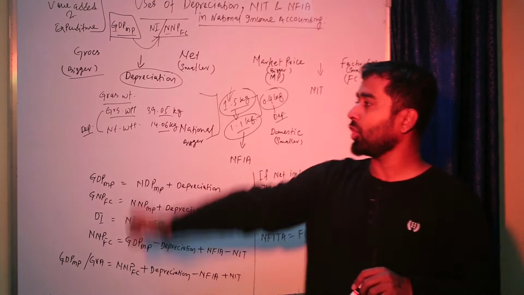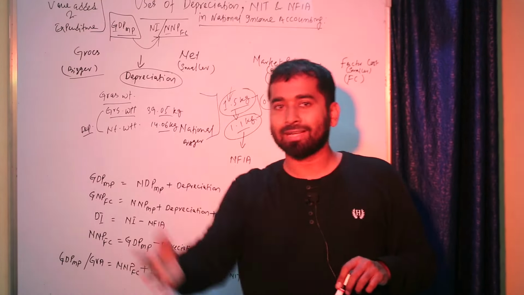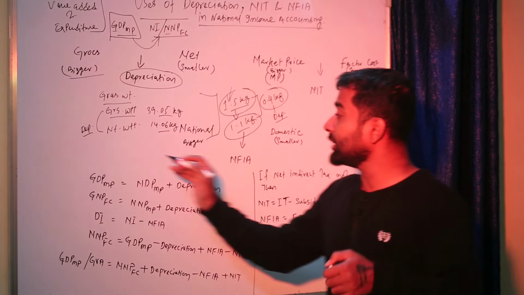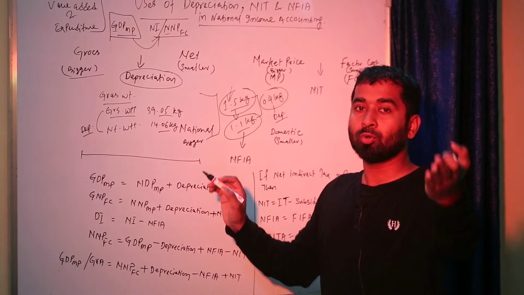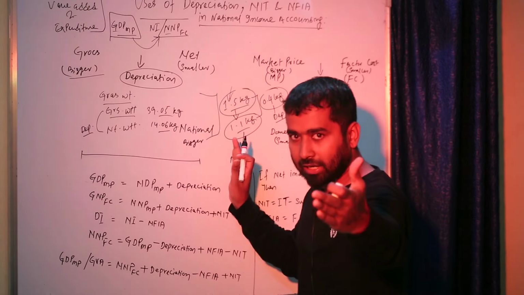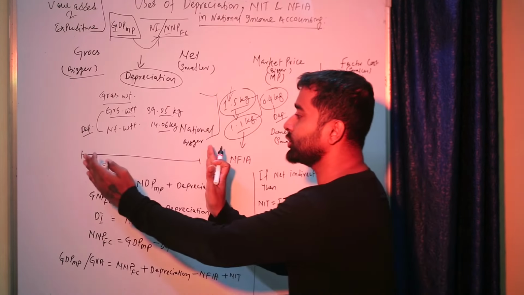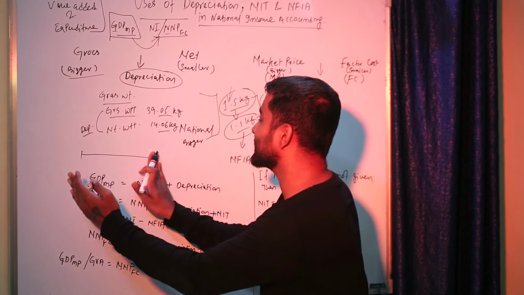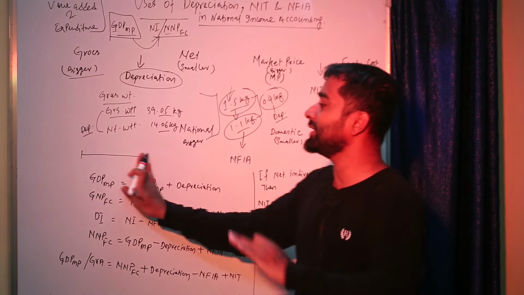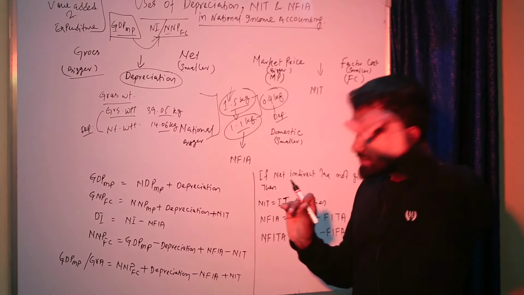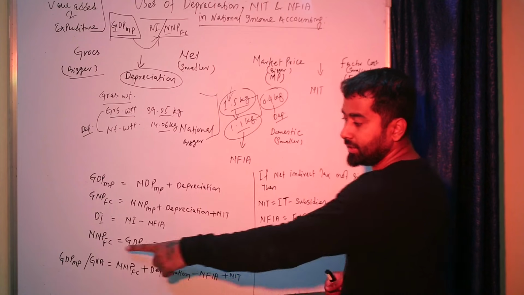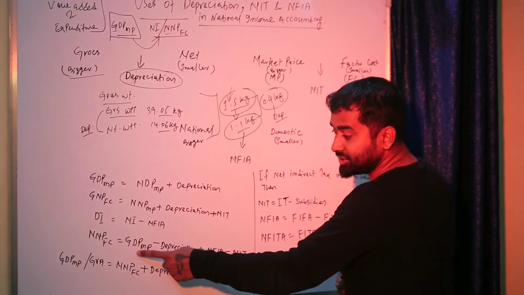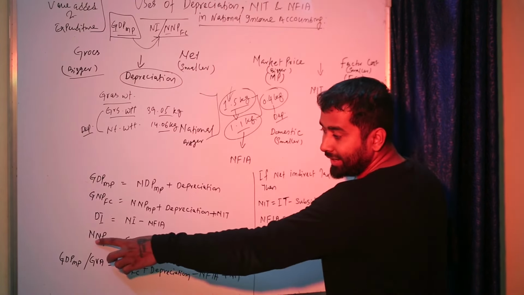So if I am converting from gross into net, that means from bigger to smaller. Say this one is the gross. Now I am converting into net. Gross is bigger, so I should make it smaller by reducing, which is indirectly subtraction. Say this example: I have GDPMP and I am converting it into NNPFC.